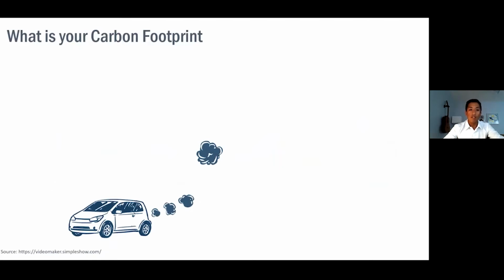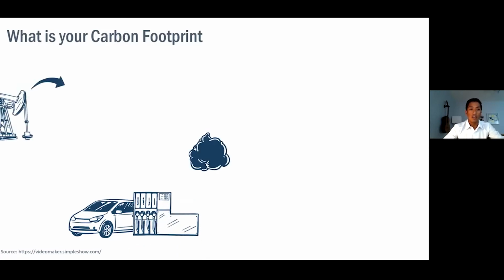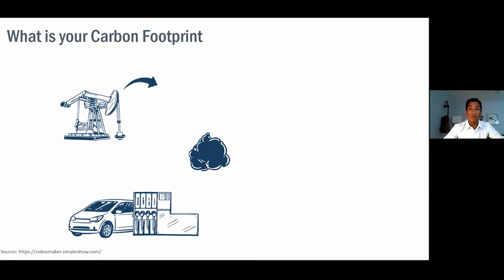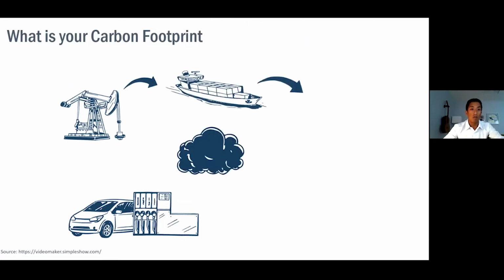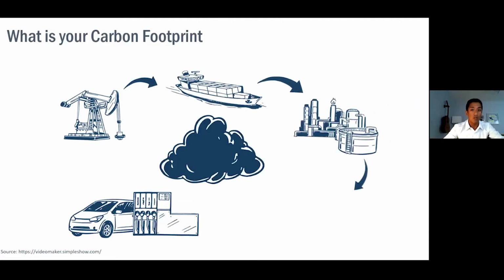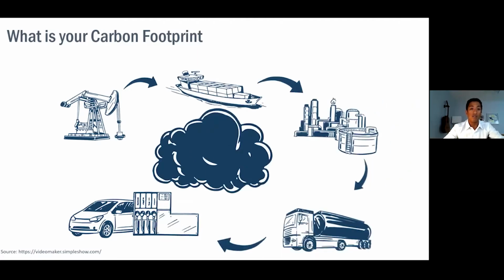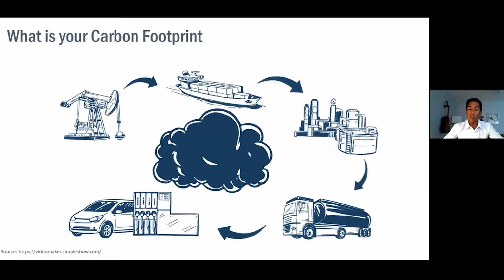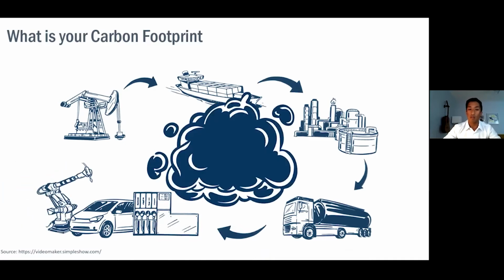Carbon is emitted from the tailpipe of the vehicle, but we also have to think about the emissions associated with fueling the vehicle: extracting that oil from the ground, the pollution from transportation and refinement of that oil, and finally, delivery of that fuel to the gas station. So it's a whole life cycle analysis. And that doesn't even include the emissions associated with manufacturing the vehicle in the first place.